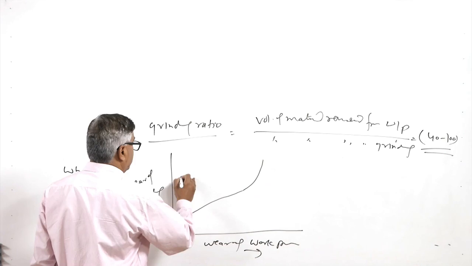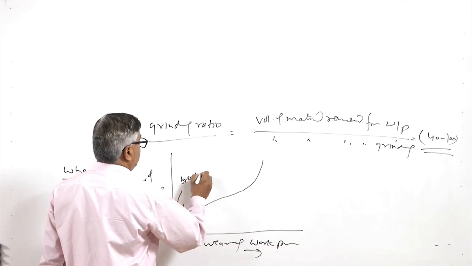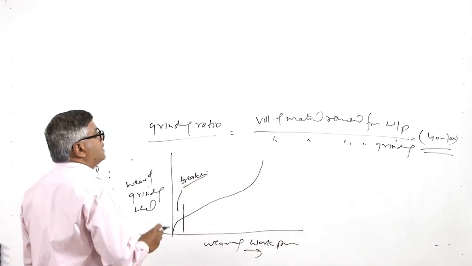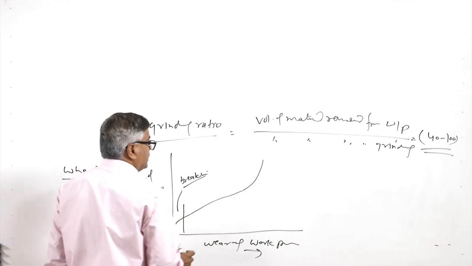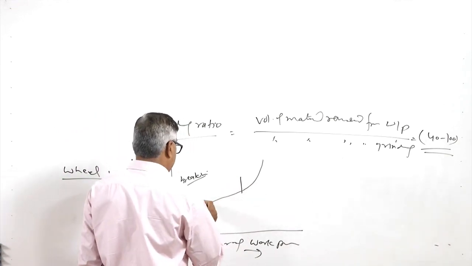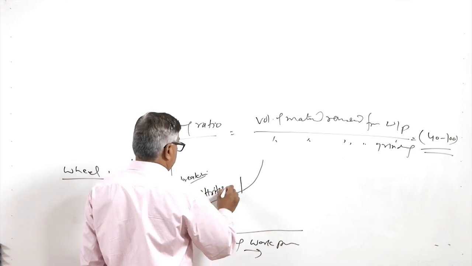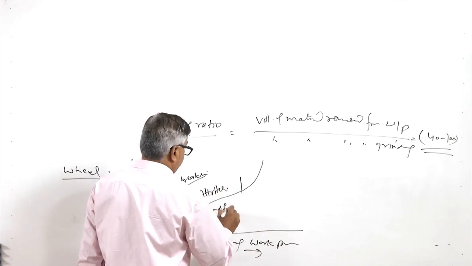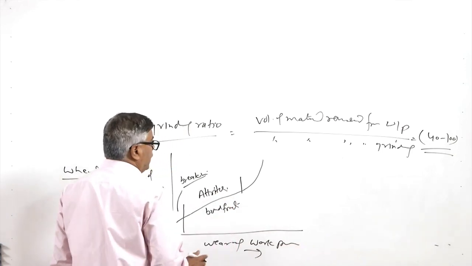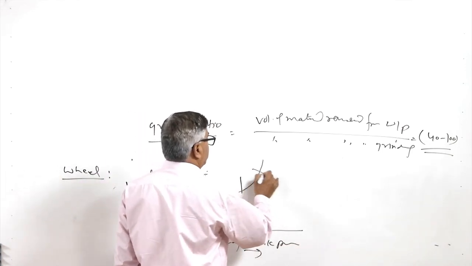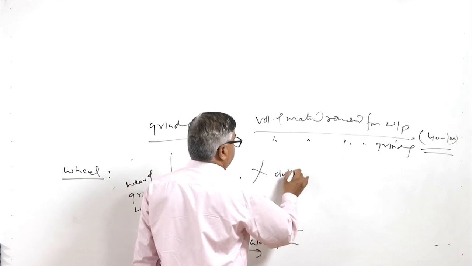So, this one is called the break-in period, where initially fresh abrasives fracture, and this is the steady state rate, where primarily attrition and bond fracture take place, and in the third one the abrasives become dull.